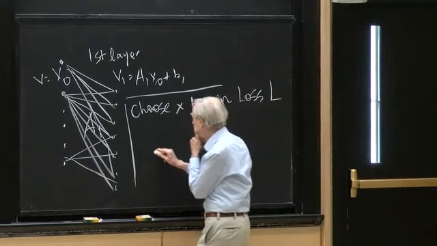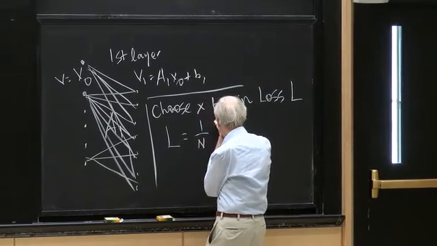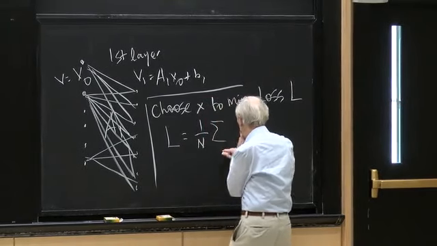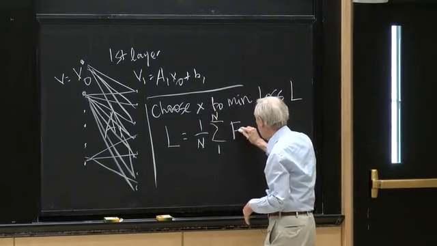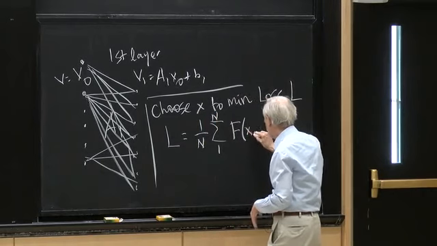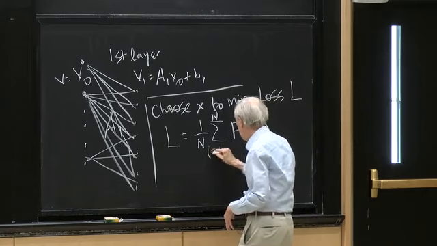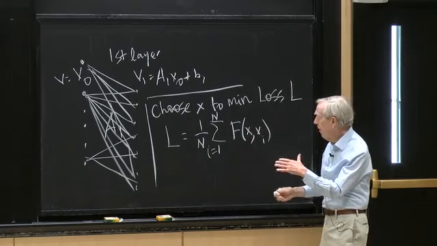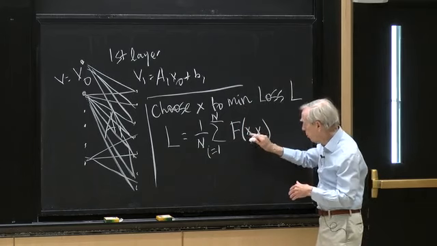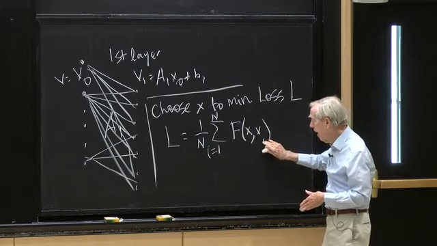He said L is often a finite sum over all of f. So what would that be? F of x, v_i. So this is the output, with weights in x, from sample number i.